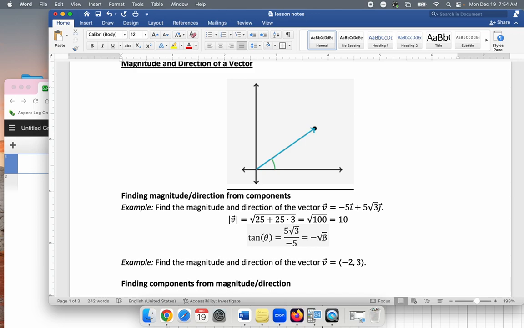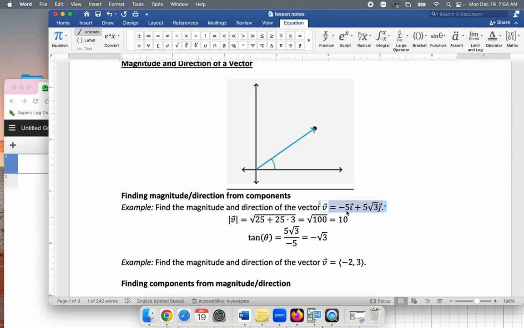Of course, it's negative, and its horizontal component is negative and its vertical component is positive, so it's in the second quadrant. So you're looking for the angle in the second quadrant, which is either 2 pi over 3 in radians, or 120 degrees.